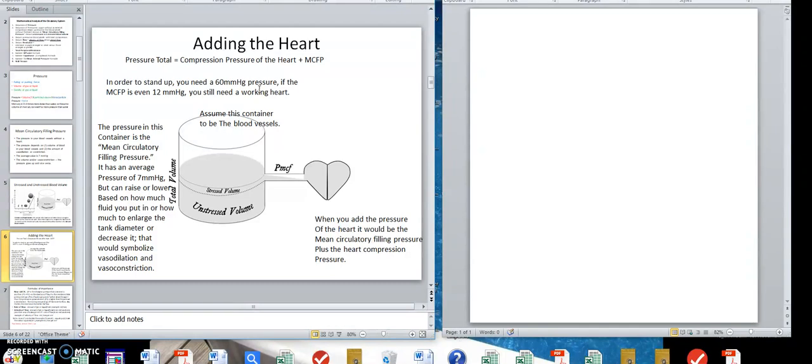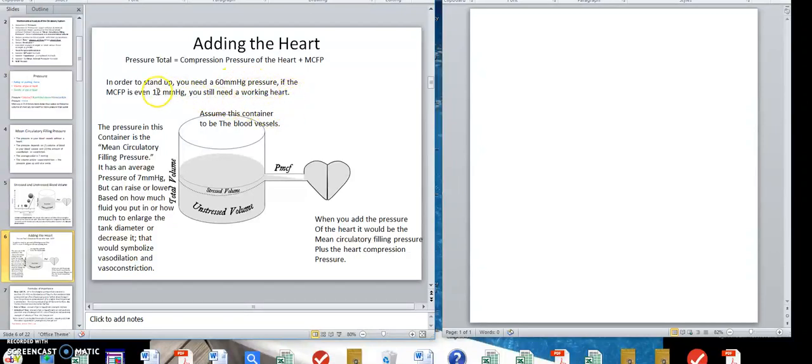Your brain and heart. But when you stand up, your heart is going to have to compress a little harder to push blood against gravity to go to your head. So the average person needs a mean arterial pressure of 60 to stand up.